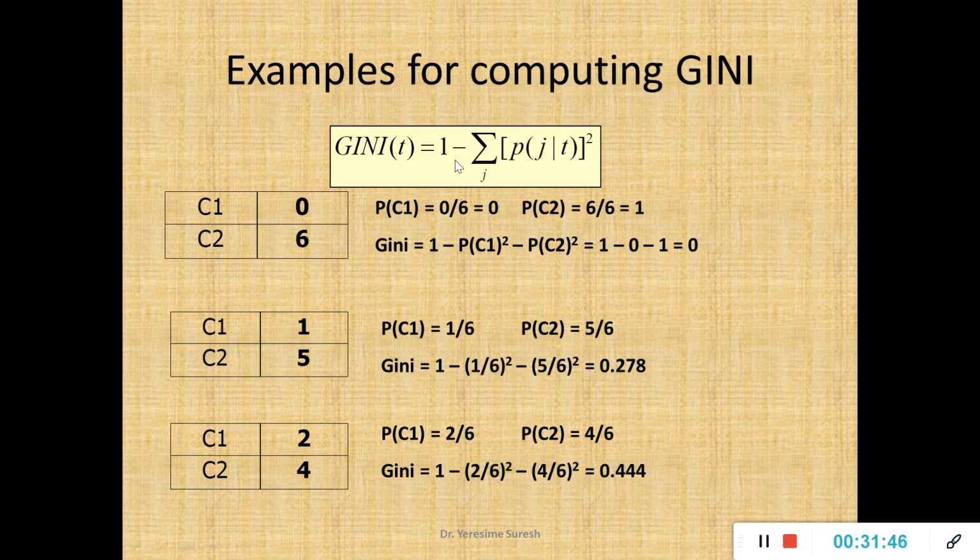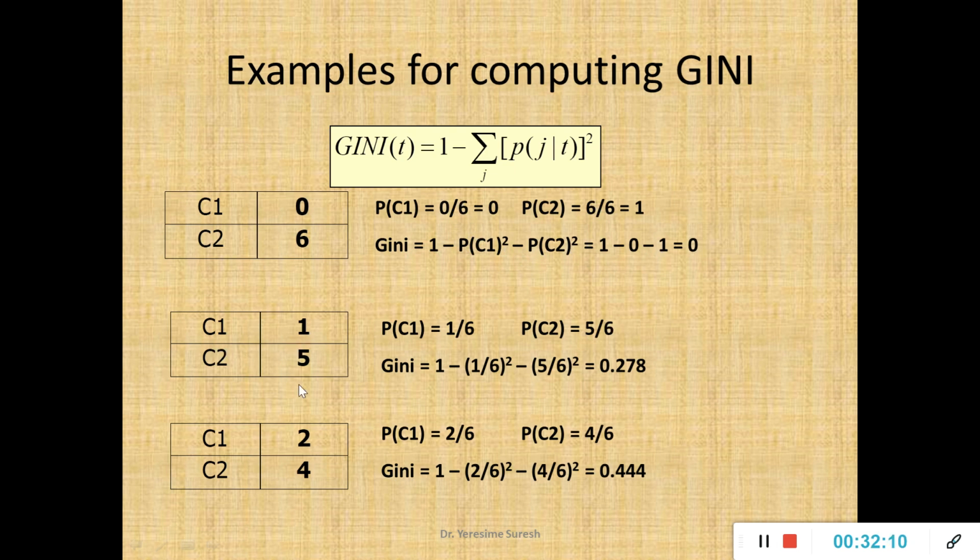How to find the Gini index? 1 minus the summation of P of each class. How will I find P of C1? I'll directly apply the Gini index formula: 1 minus 0 by 6 whole square minus 6 by 6 whole square. That is what I've done here, and I'll get the value of 0.